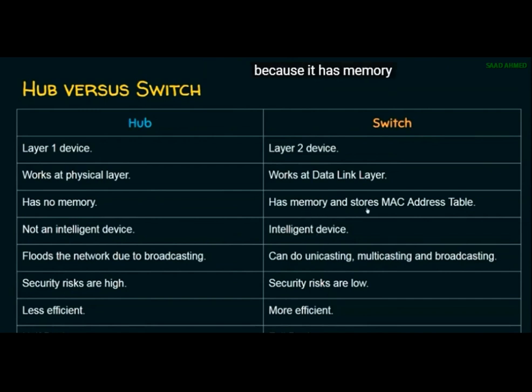So we can say hub is not an intelligent device, while switch, as it is storing, is an intelligent device. The drawback of hub is that it floods the network because of broadcasting. Switch has the advantage of doing multicasting, unicasting and broadcasting as required. Hubs have high security risks, while switches are low security risk devices.